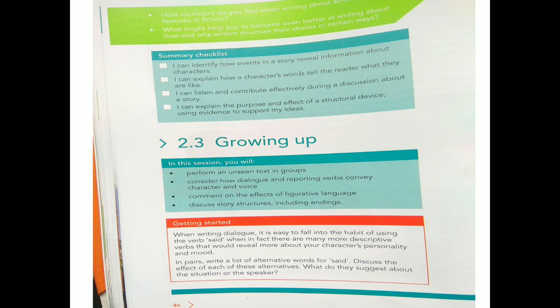Okay, so getting started. When writing dialogue, it is easy to fall into the habit of using the verb said, when in fact there are many more descriptive words that would reveal more about your character's personality and mood. In pairs, write a list of alternative words for said. Discuss the effect of each of these alternatives. What do they suggest about the situation or the speaker?